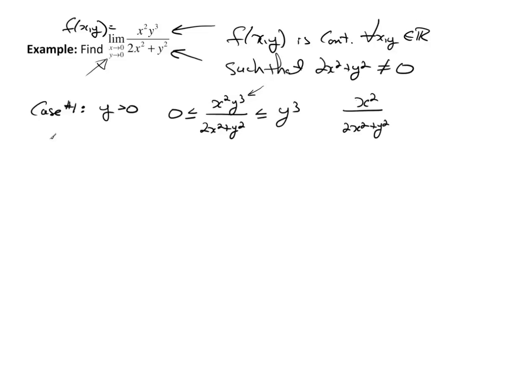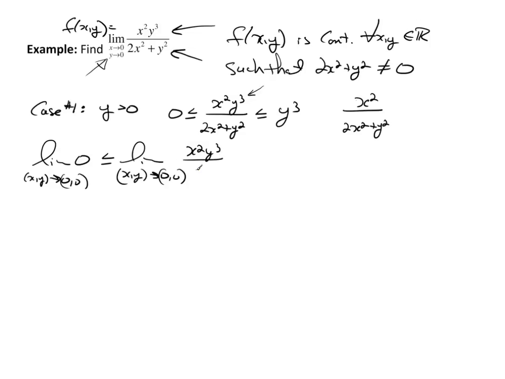What that means is the limit as x, y goes to 0, 0 of 0 is less than or equal to the limit as x, y goes to 0, 0 of x squared y cubed over 2x squared plus y squared, which is less than or equal to the limit as x, y goes to 0, 0 of y cubed.